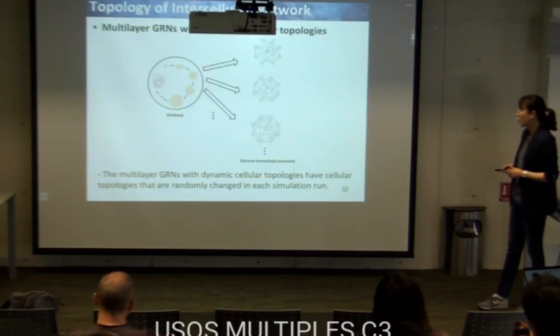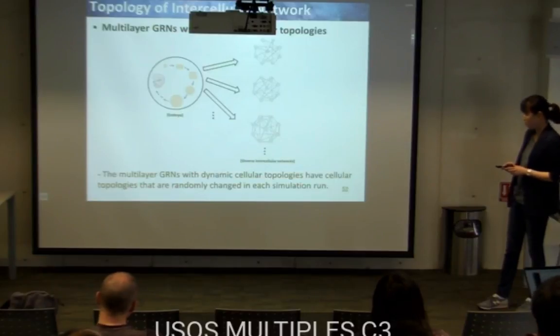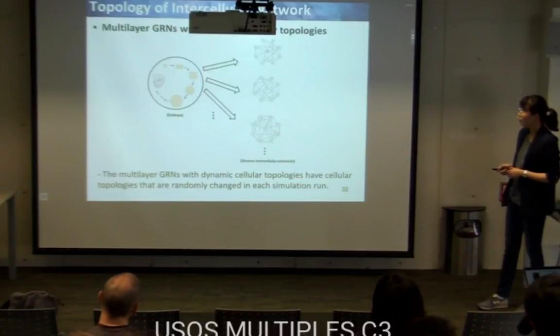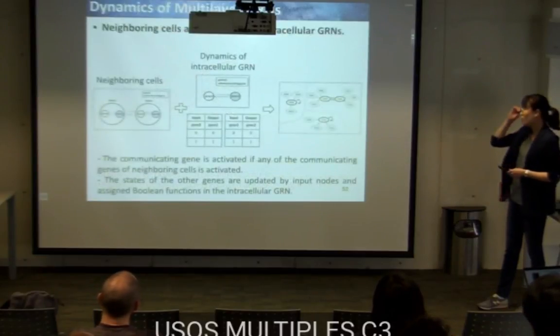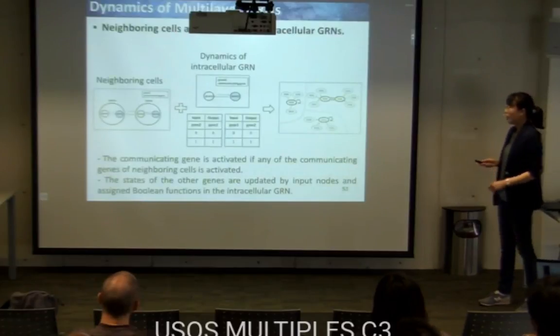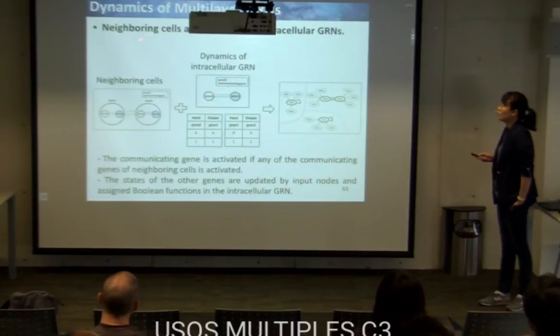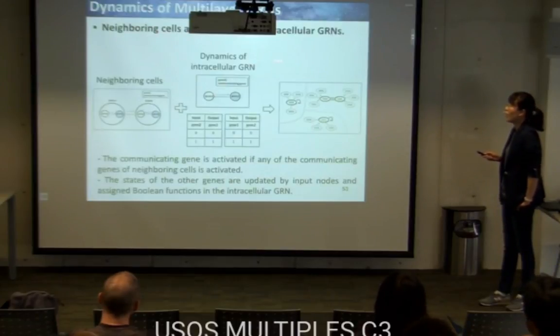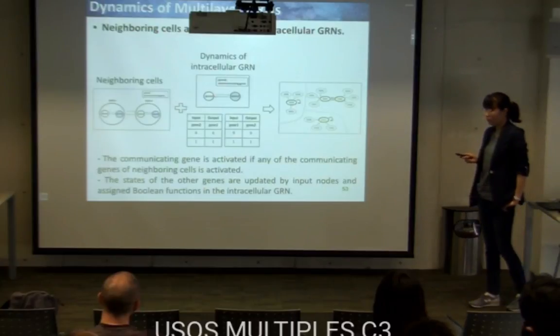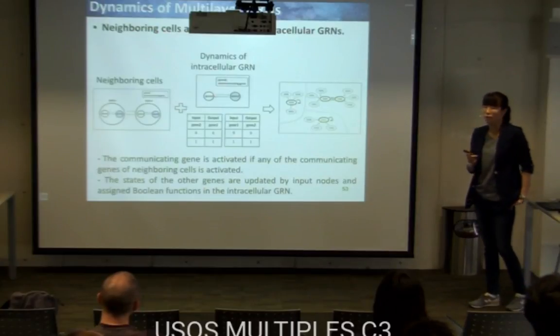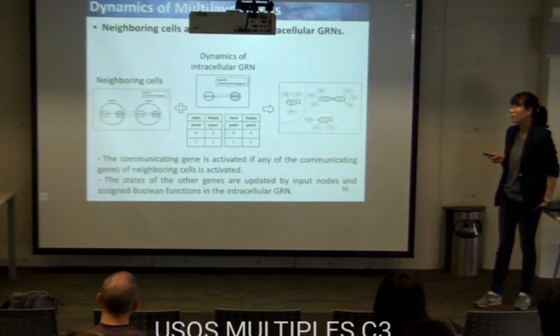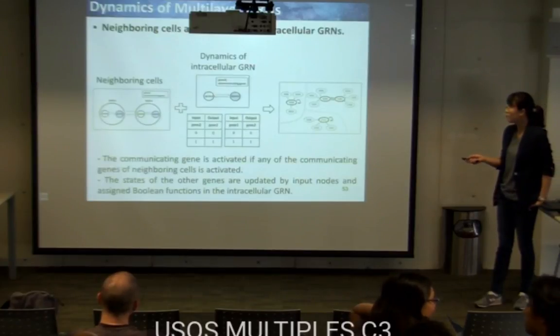They have cellular topologies that are randomly changed in each simulation run. The dynamics of multi-layer GRNs are determined by neighboring cells and the dynamics of intracellular GRNs. This is similar to the updates of our morphogenetic model in the first and second study, so I skip this slide.